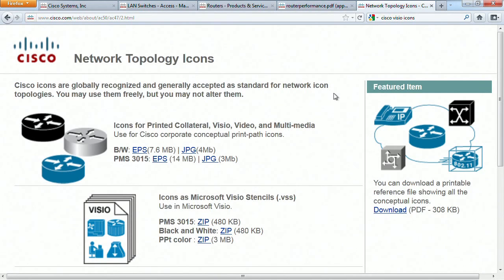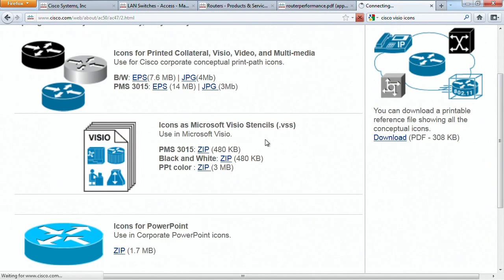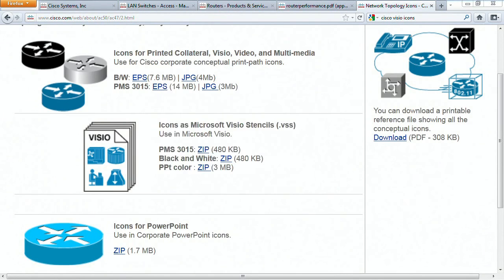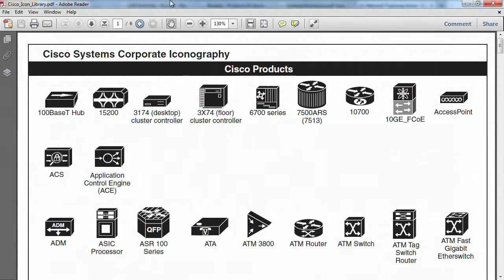You'll see that there are different ones for basically all of the different types of devices that they make. If you look at the full PDF, you'll see they have specific icons for different devices and what they mean.